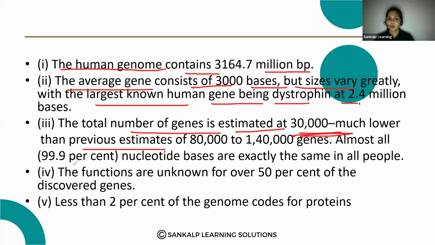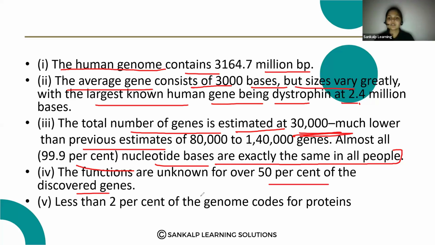Almost 99.9% of nucleotide bases are exactly the same in all people. The functions are known for over 50% of the discovered genes, but the functions of the remaining are unknown.